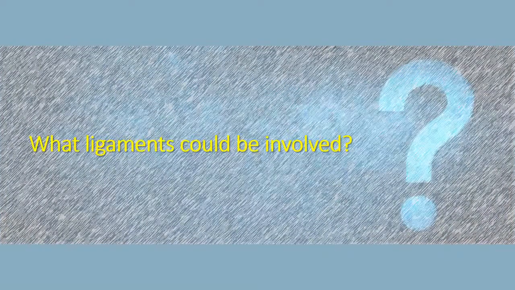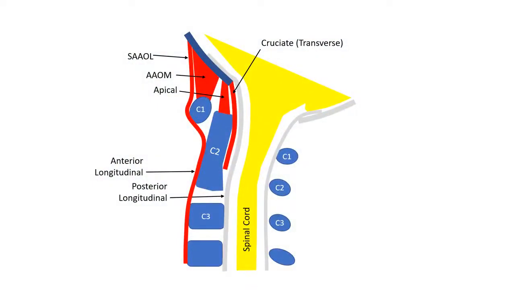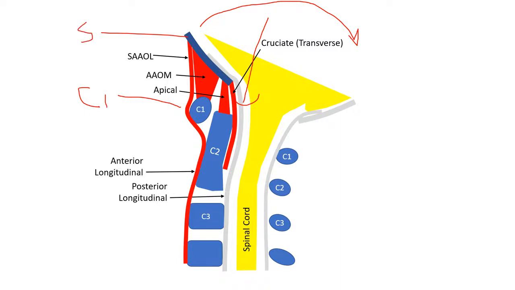So what ligaments could be involved here? These are the anterior ligaments. Realize that your C0, C1 joints live about here, and so your axis of rotation for the skull is going to be approximately where that line is. So anything anterior to that would play a role in that type of instability if it connects C1 to the skull, or C0.